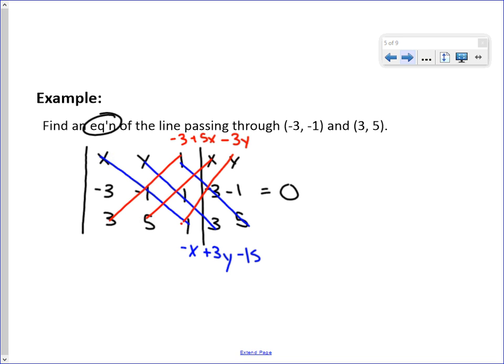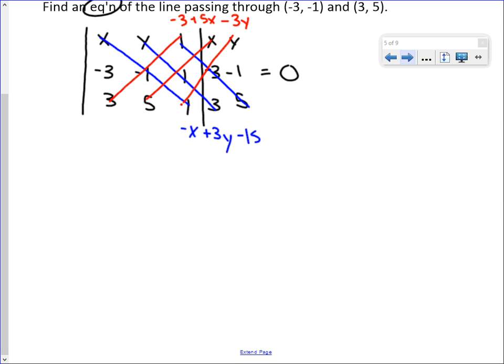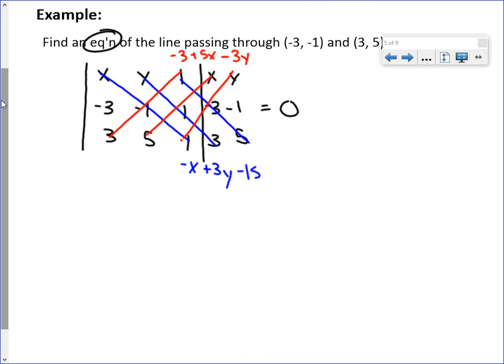Those things can't necessarily be added to a single number like we saw yesterday. So think about the definition for the determinant that we wrote. This would yield for us, we'll take the blue pieces first: negative x plus 3y minus 15, and then subtract from those the red, but remember you have to subtract all the terms.